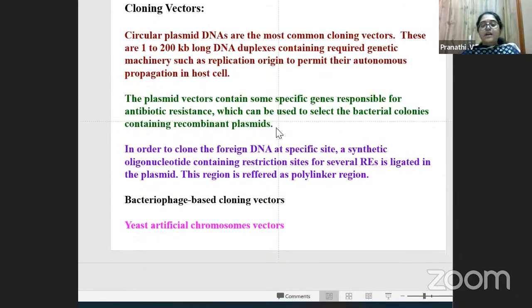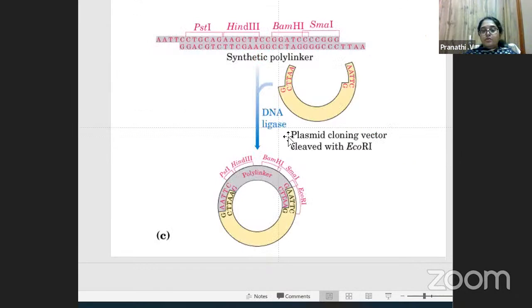You have bacteriophage and yeast artificial chromosome vectors also. Bacteriophages, also known as phages, are viruses that infect bacteria. Their DNA is usually in the form of a linear duplex, so it has an overhanging, sticky, or cohesive end.